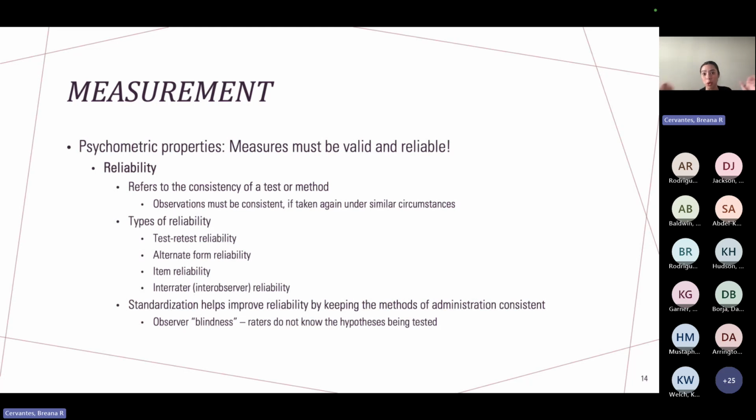The questions might be worded differently, they might be ordered differently, but it's measuring the same construct. So if form A and form B have high reliability, these two things would be measuring consistently each time that you give it to them. Item reliability has to do with the specific items in the survey or the measure you're giving. And then inter-rater or inter-observational reliability has to do with people who are rating some sort of observational task.